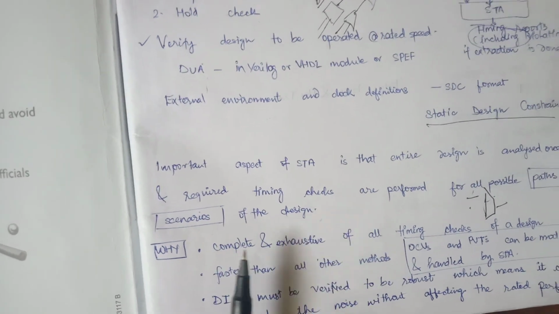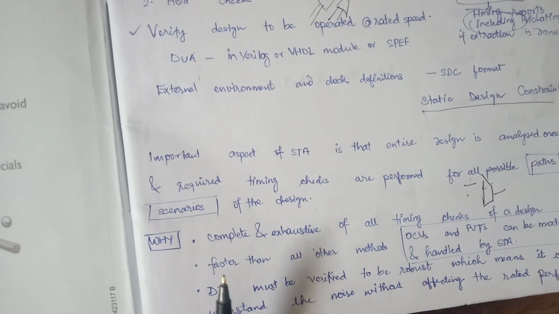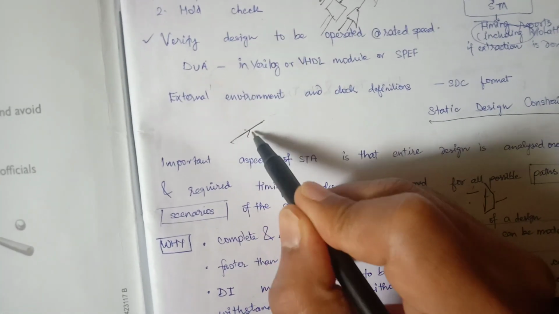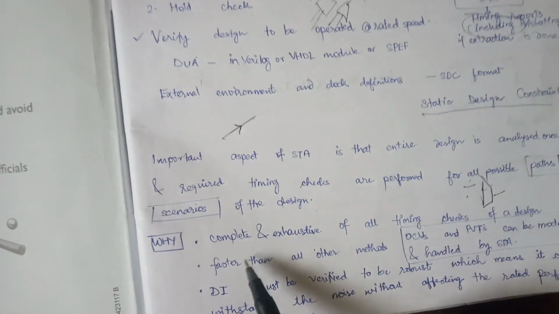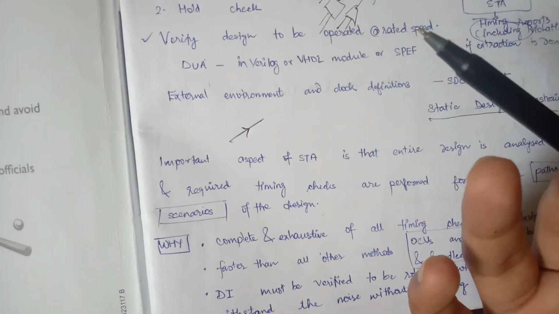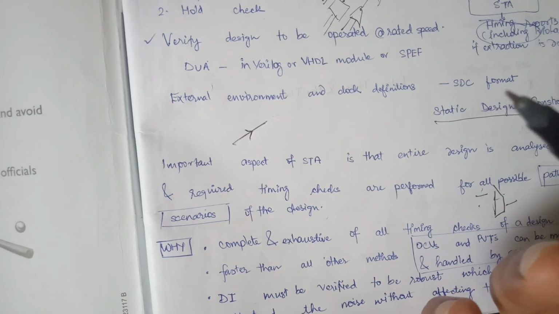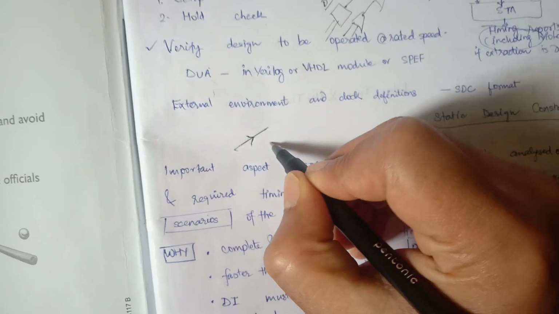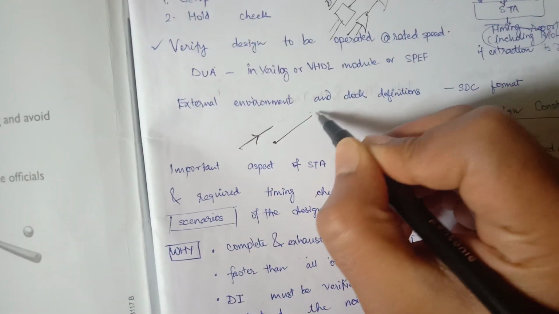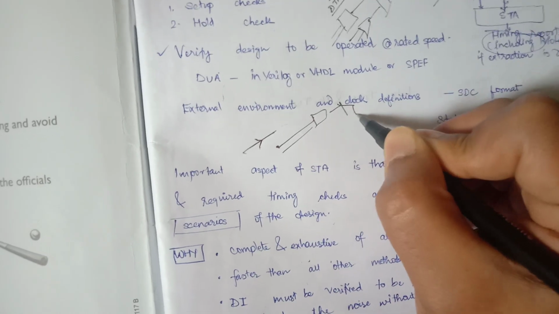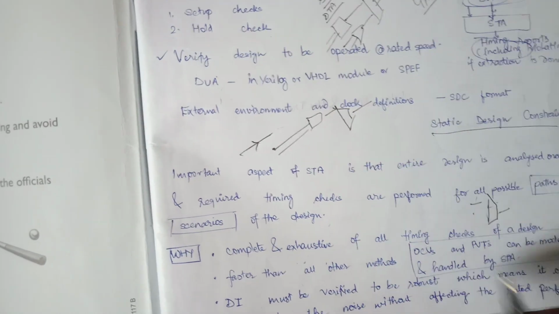Why? It has a complete and exhaustive check of all timing. It goes through once and completely, and is an exhaustive, thorough process. Suppose this is an AND gate, this is an OR gate, and it goes through the various processes and provides the desired output.